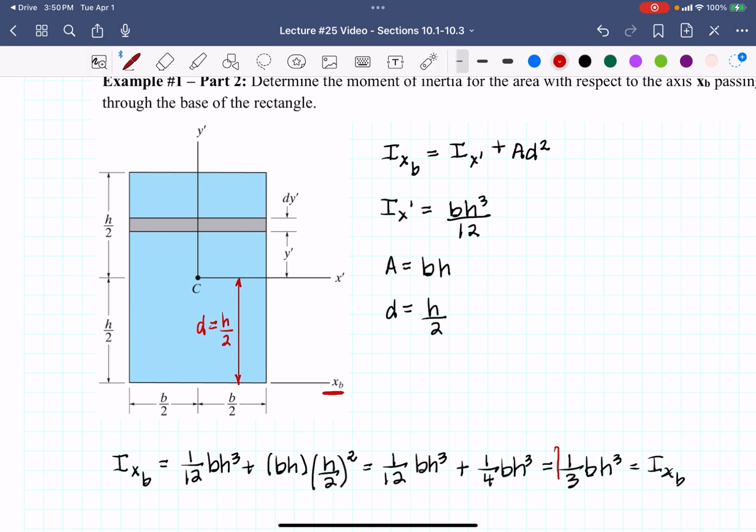So it's just a little bit different because we had to add a little bit for the distance and use the parallel axis theorem.